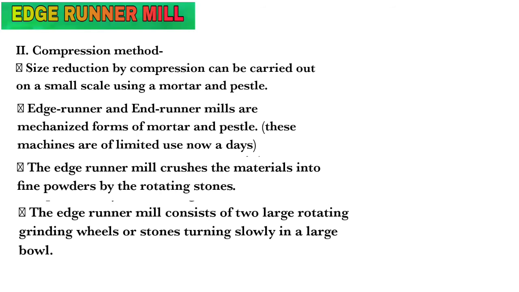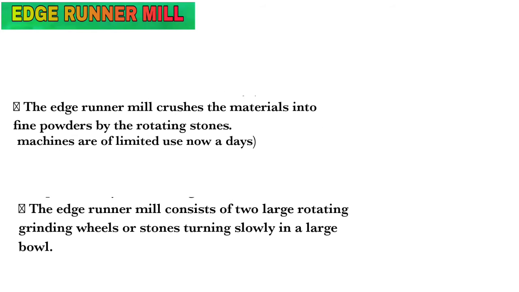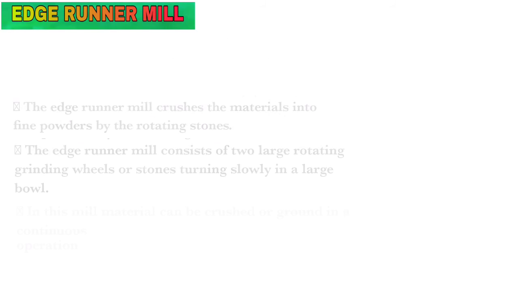The edge runner mill consists of two large rotating grinding wheels or stones turning slowly in a large bowl. It is a mill in which the material can be crushed or ground in a continuous operation.